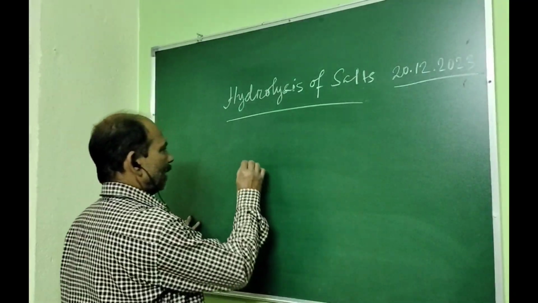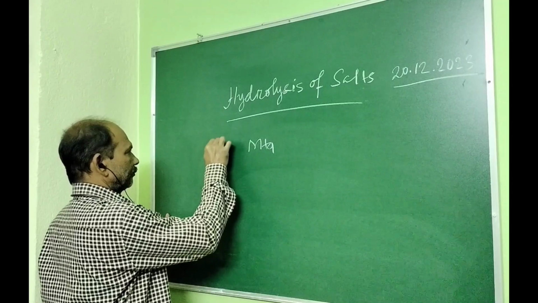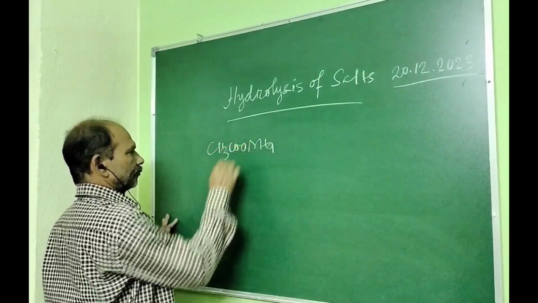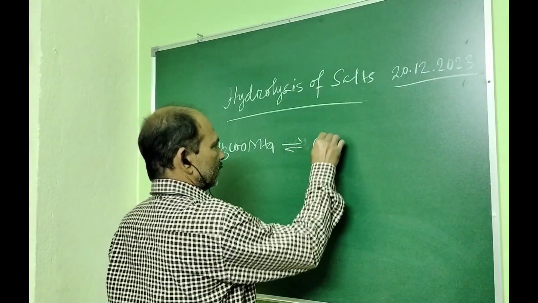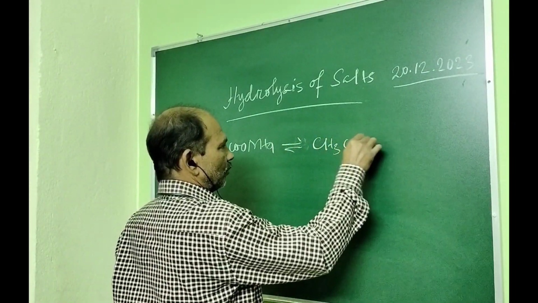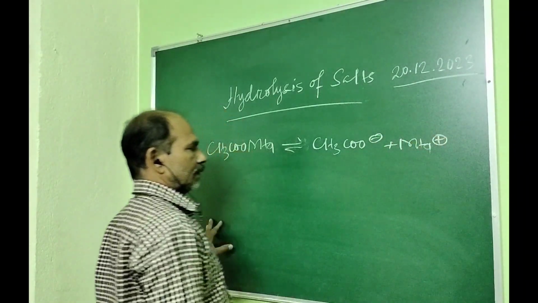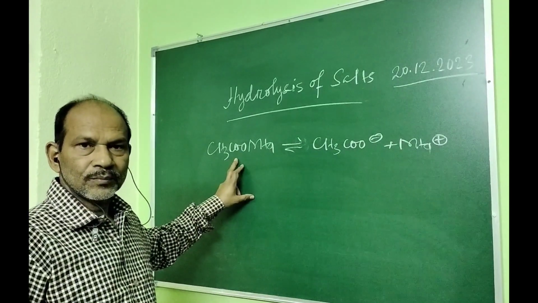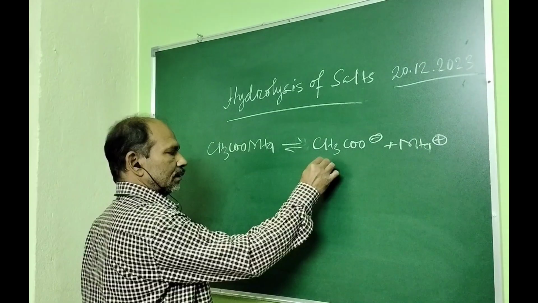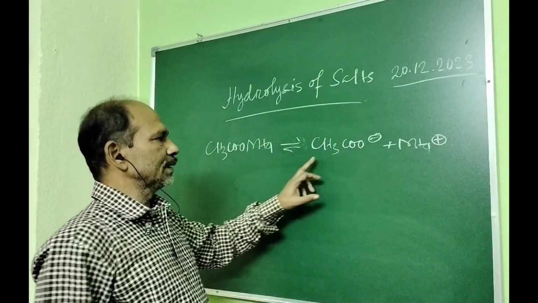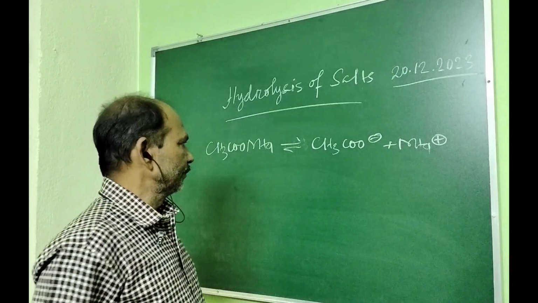In case of ammonium acetate, in water it is ionized into CH3COO minus and NH4 plus. So it comes from a weak acid as well as a weak base. The relative reactivity of acetate ion and ammonium ion with water is almost the same.